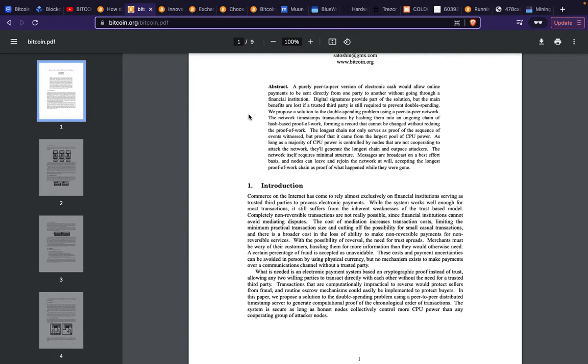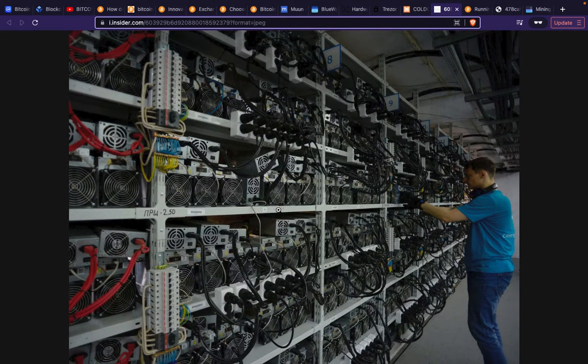So let's go down. Every time you have those computers, any one of those computers can win the puzzle, the math problem. Every 10 minutes, on average, one of them wins.